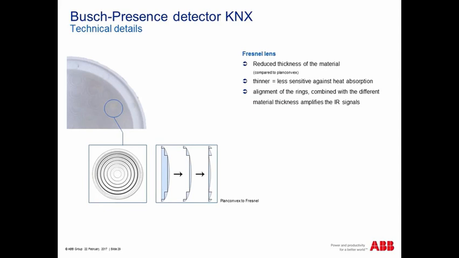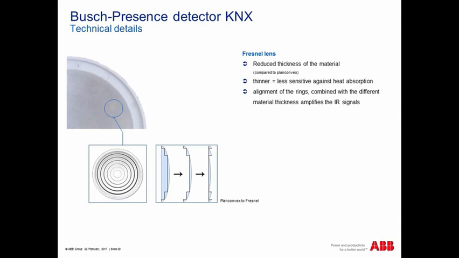Some details about the lenses. We have a so-called Fresnel lens. A Fresnel lens has a lot more benefits and features in comparison to a plano-convex lens. A plano-convex lens is a typical lens you can find in your glasses.